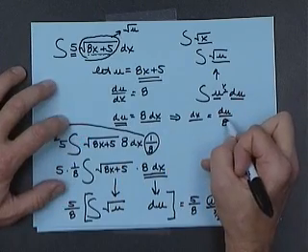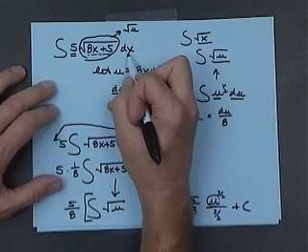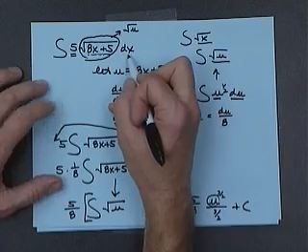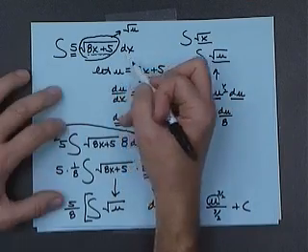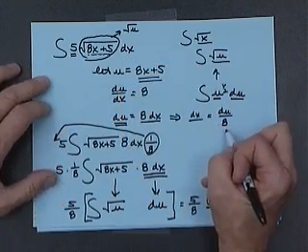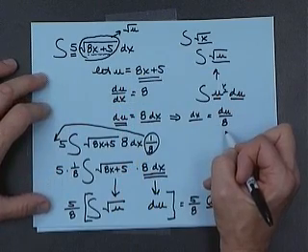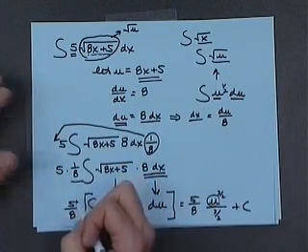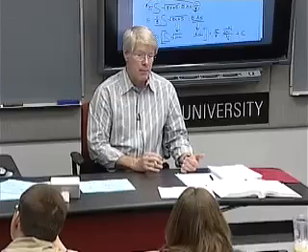You put in du over 8 for this dx. So you get your du, and then you've also got a little extra baggage of an 8 in the denominator. What will you do with that? You'll bring it out in front. So the net result is the same.